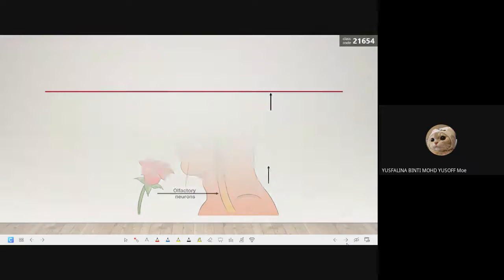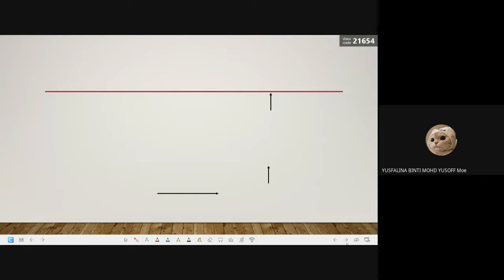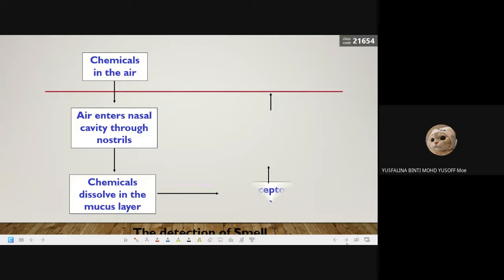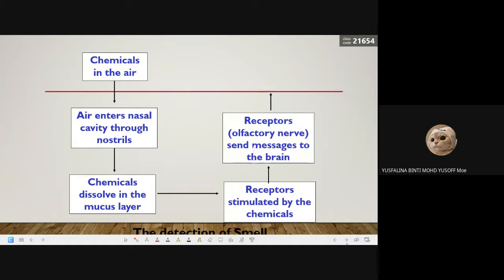So this one is more detailed. The detection of smell. So how is smell detected? So this is the flow chart, right? The flow, the mechanism of how we can smell something.